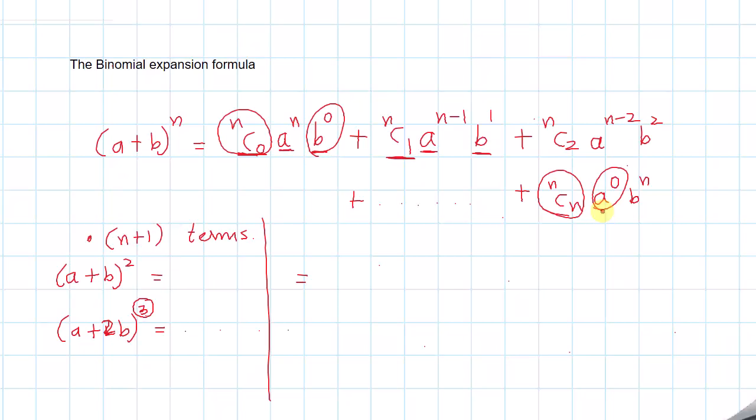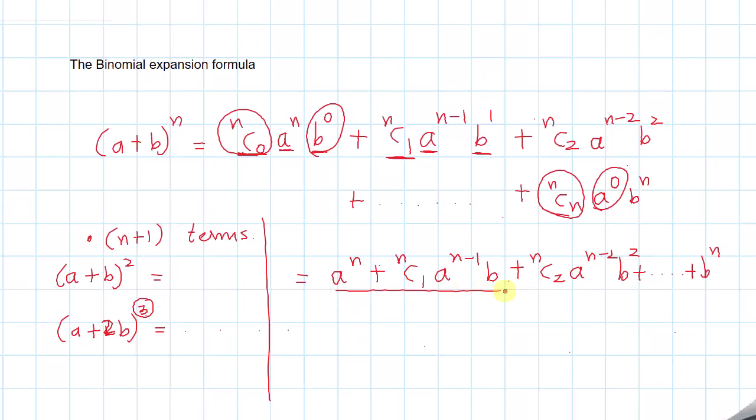So if you write all these, this becomes a raised to n plus nC1, a raised to n minus 1, b raised to 1, so we don't write that 1, plus nC2, a raised to n minus 2, b square, and so on and so forth, and you have your nCn which is 1 and b raised to n. So your formula booklet will have the binomial formula. In IT people have to refer to the formula booklet. They will have the binomial expansion in this form.